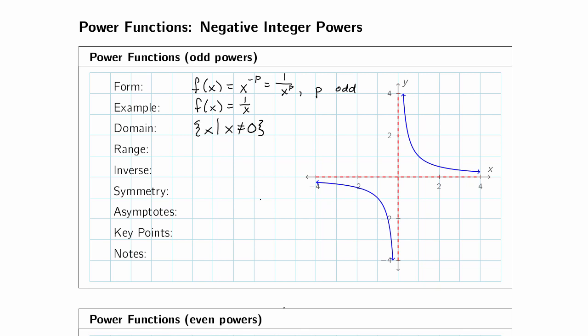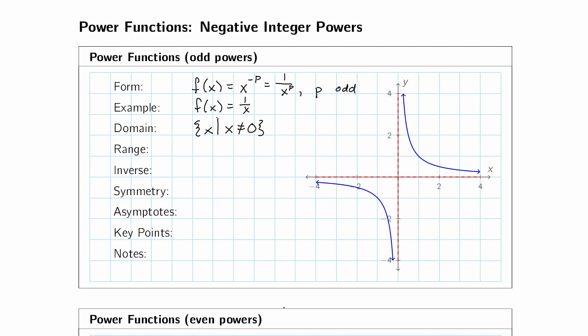We can take any number we like and divide 1 by it, as long as that number is not 0. I could write that domain in interval notation as well, but set builder notation is more helpful in seeing what's really going on. We just missed that 0.